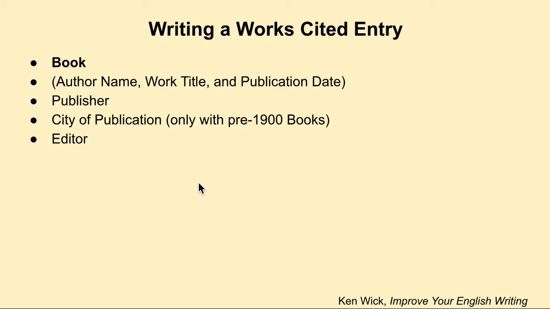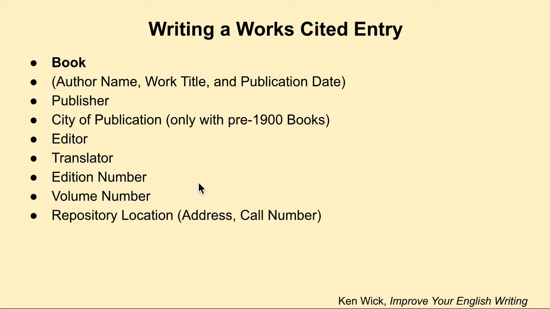An editor, a translator, an edition number, a volume number, a repository location. A repository location is only needed for a limited access item, like a rare book that's only found in a certain library. You would want to record what library it was, the call number, the box number, whatever it is. Remember, not all of these apply to every source, but these are things to think about when doing a works cited entry for a book.